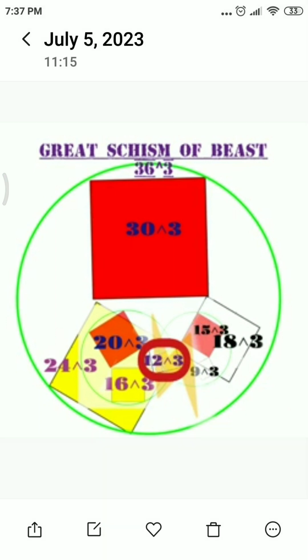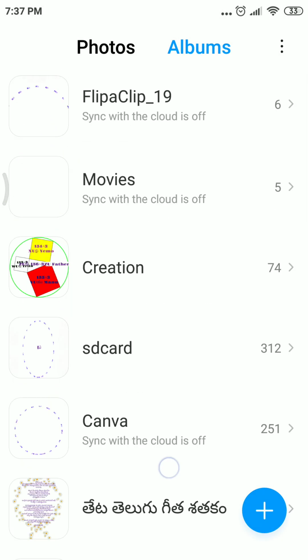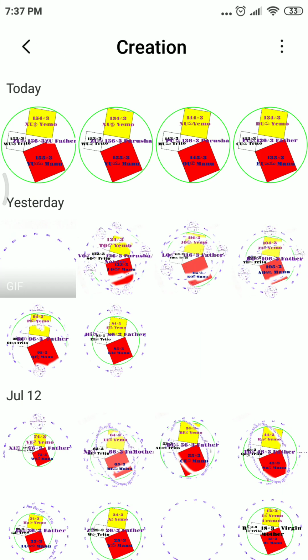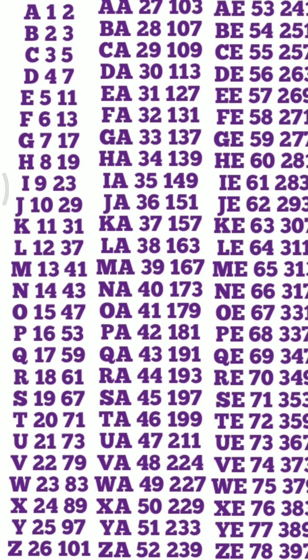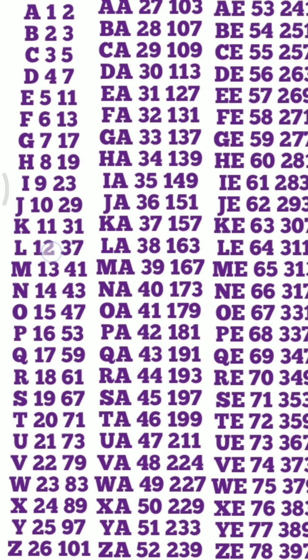Now if you come back to our discussion, as I told you, which will be the Gnostic trinity? 16, 12. 16 is father, 12 is mother, so 14 is the son.